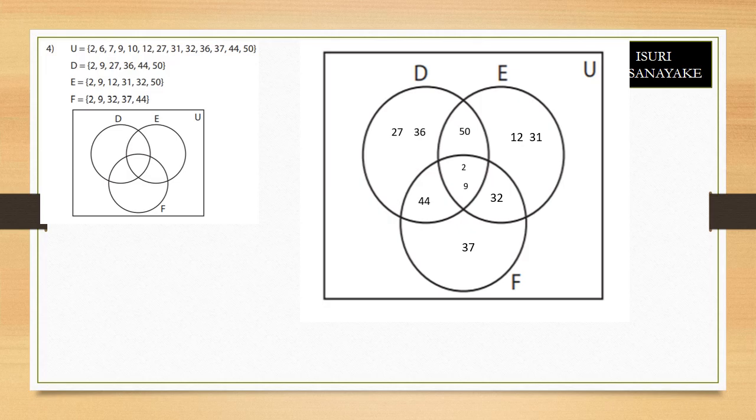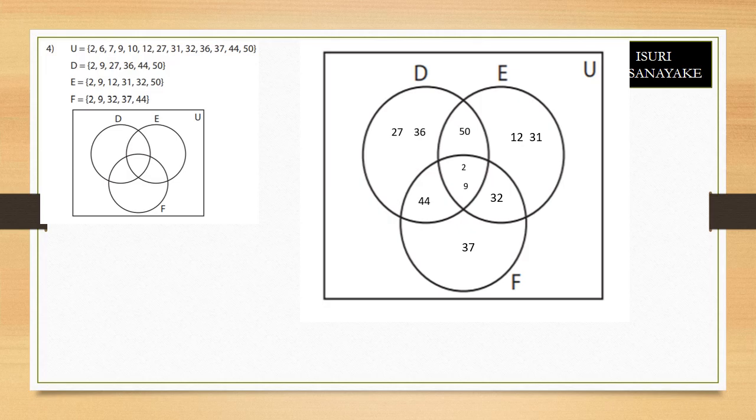So if I could check and see whether I have input all the information correctly, set D 2, 9, 27, 36, 44 and 50. Set E 2, 9, 12, 31, 32 and 50. Set F 2, 9, 32, 37 and 44. So if you could look into each individual set, you have input all the information.